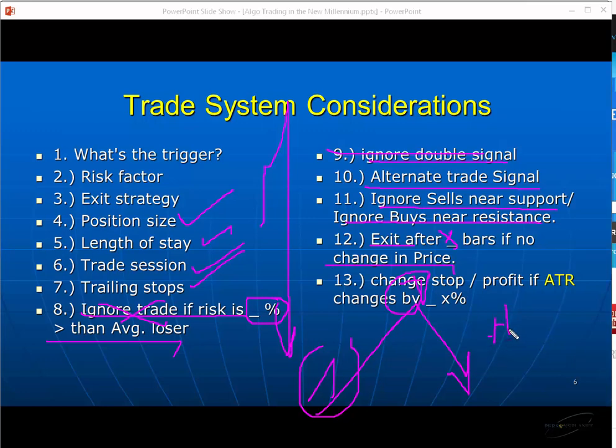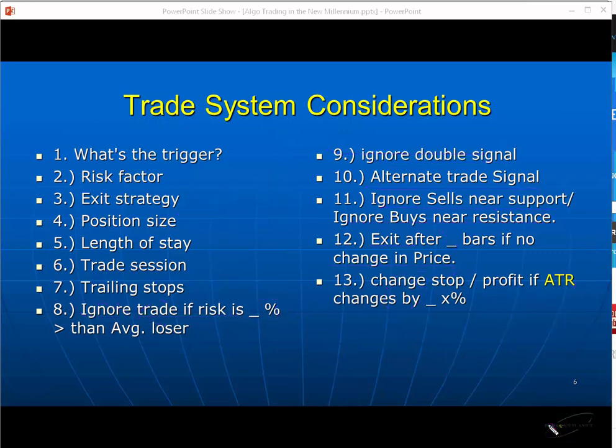The very next bar, I get in the trade. 1, 2, 3, 4, 5, 6, 7, 8, 9. Nine hours go by. Nothing happens. I want out of that trade. Because if it has the momentum and it's supposed to go up and it doesn't, usually markets that are supposed to go up, they go down. They don't move. And then again, we have a change of stop if the profit, and that's why this is highlighted, average true range, changes by X percent.